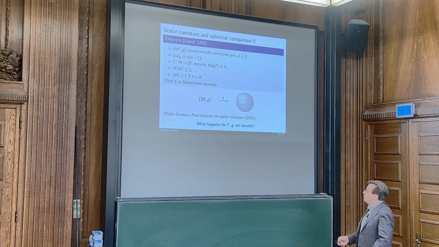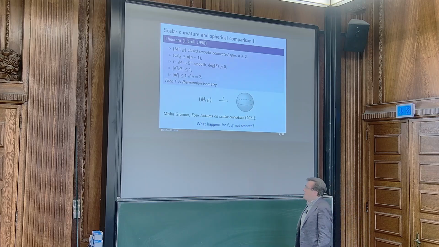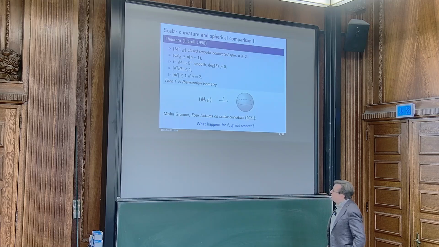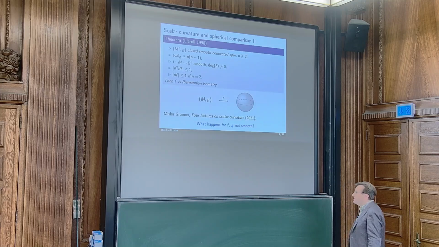whether we can weaken some of these conditions, in particular this comparison map F, which is assumed to be smooth here. So it would make sense to formulate this theorem by just assuming that F is a Lipschitz map, for example. This is already enough to compare lengths.